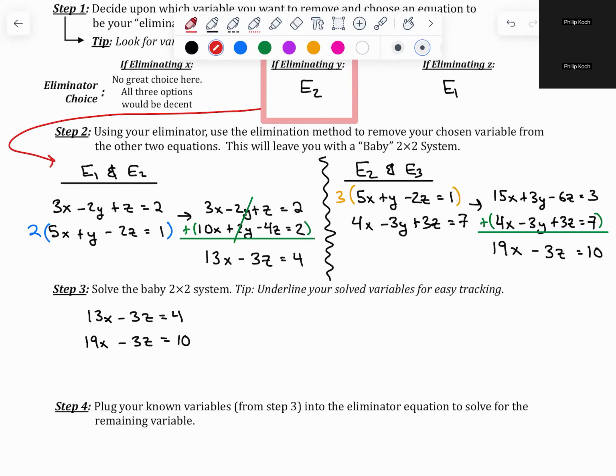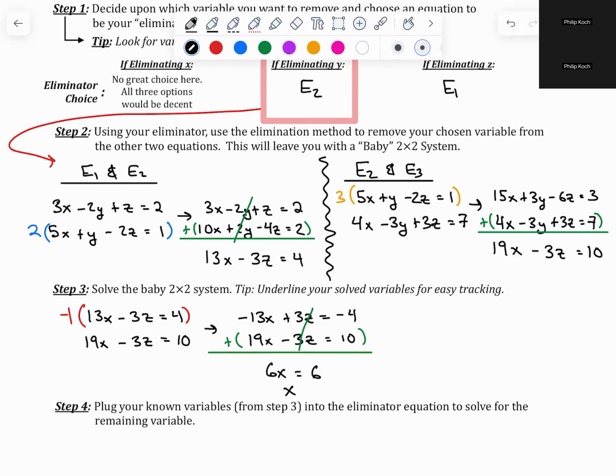I'll go ahead and multiply the top one by -1, but that is purely by convention to do the top one. There's no reason why I couldn't have done it with the bottom one instead. That gives me negative 13x plus 3z equals -4, and 19x minus 3z equals 10. And we'll add those two together. The z's cancel. We get 6x equals 6, which gives us x equals 1.